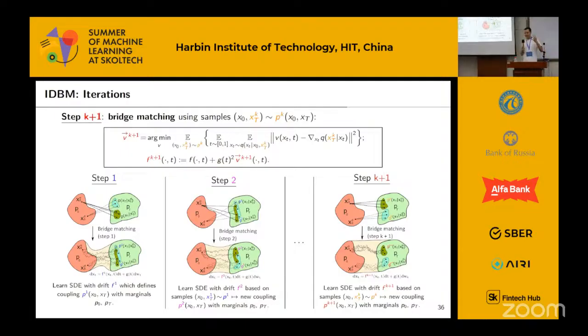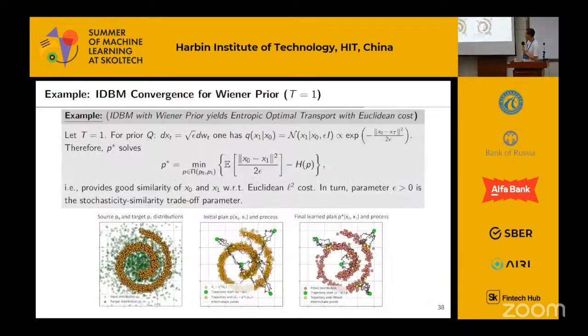Actually, there is a very nice and quite novel theory about all these Markovian projections and iterative bridge matching, which says that this procedure converges to a particular diffusion process between two distributions, P0 and P1, which satisfies certain nice properties that may be used for unpaired domain translation.